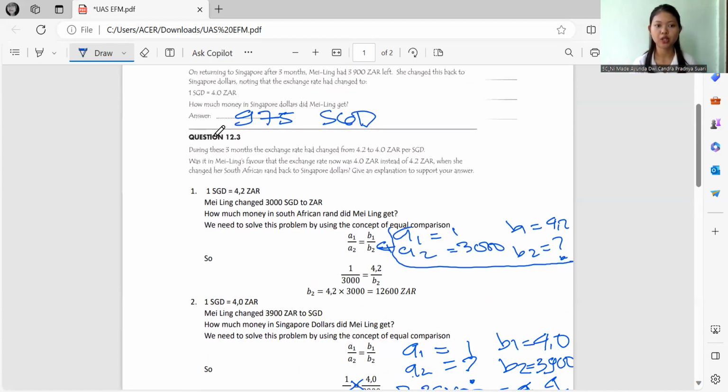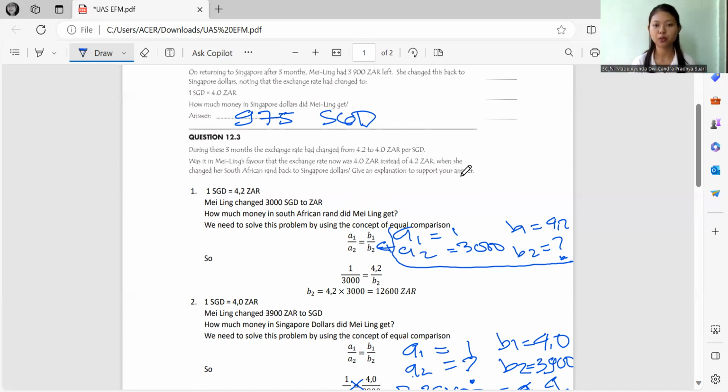So the next question is question number 3. During the 3 months, the exchange rate had changed from 4.2 to 4.0 ZAR per SGD. Was it in Mei's favor that the exchange rate now was 4.0 ZAR instead of 4.2 ZAR when she changed her South African rand back into Singapore dollars?